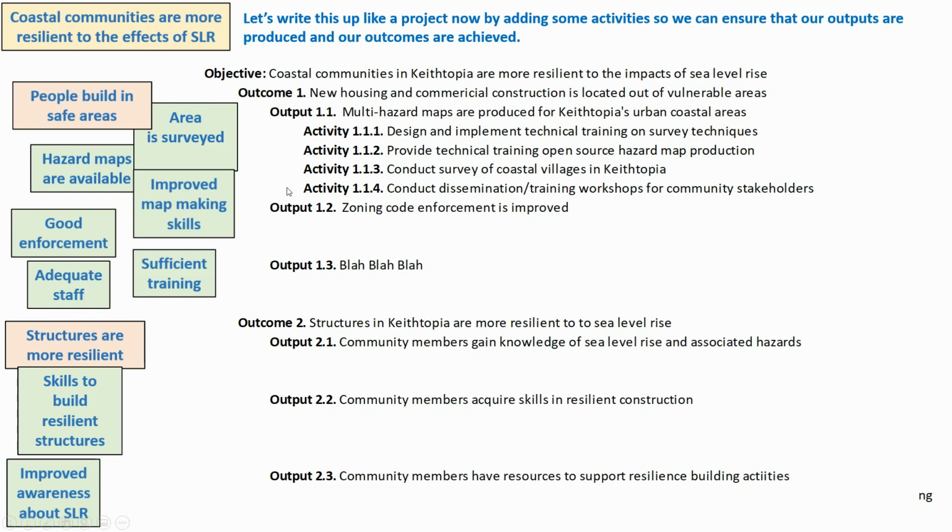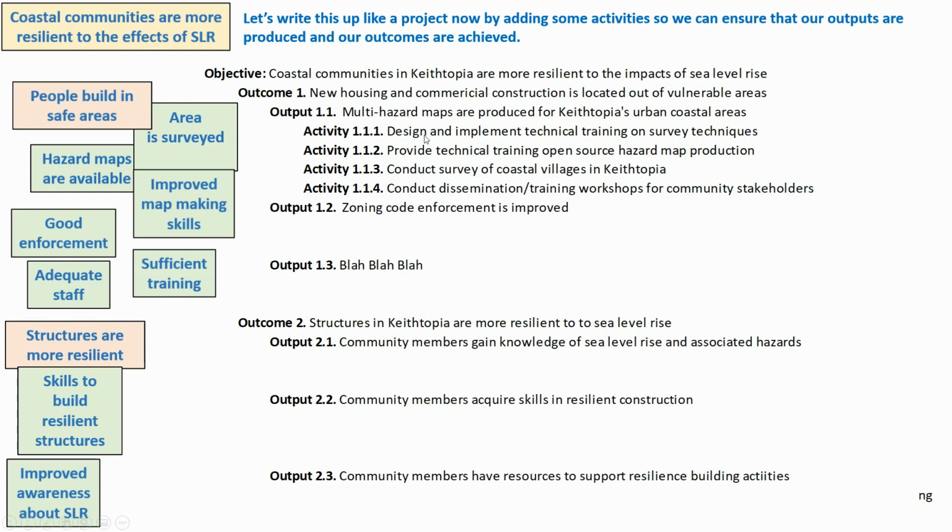So let's test our logic here. I always like to test my logic. What that means is I want to examine my activities and determine if these are sufficient for producing the output that I want to produce. So let's just do if statements.